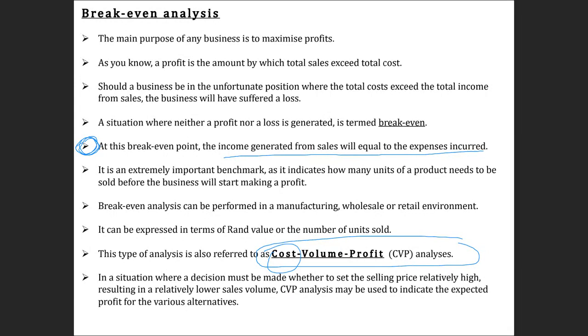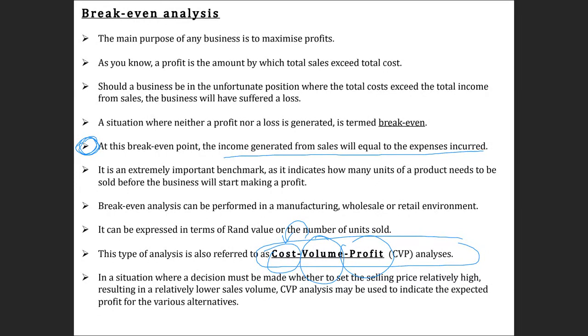So this is all of your fixed and variable costs. Then we need to look at the volume that needs to be produced in order to cover those costs. And then at what point do we start to make a profit once we have accounted for all of our costs?